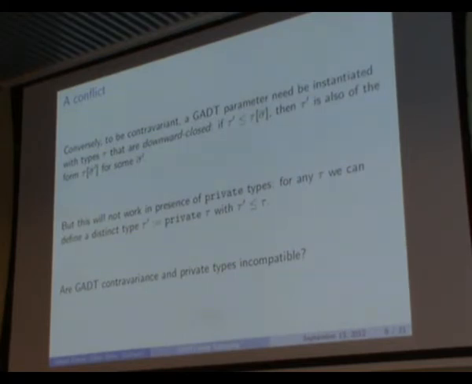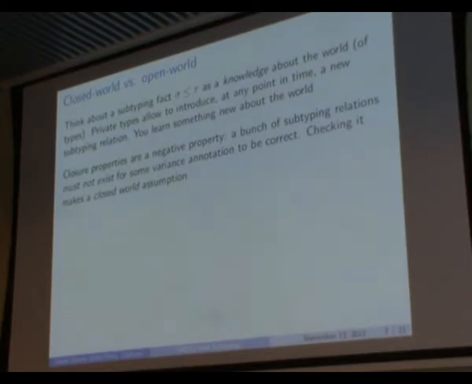Well, this is a problem of closed world versus open world perception. The subtyping relation, sigma smaller than tau, is something I know about my type system. And the closure properties have the form: if a relation holds, then it is of this form, or said otherwise, no other kind of subtyping relation exists from this type.